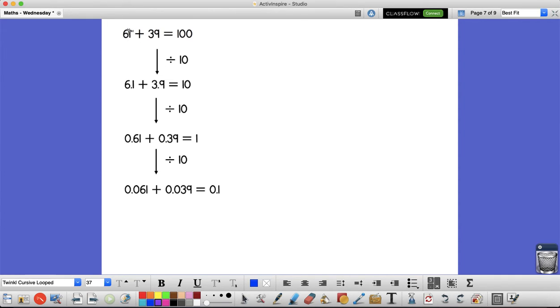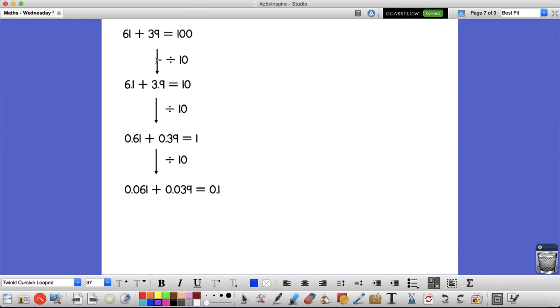If you know 61 add 39 equals 100, then if we divide that by 10, that equals 6.1 add 3.9, which equals 10. If we divide that by 10, that equals 0.61 add 0.39 equals 1, and divide that by 10, which makes 0.061 add 0.039 equals 0.1.